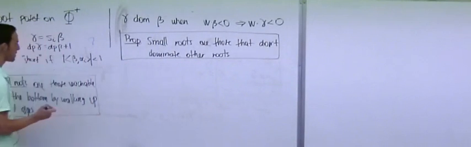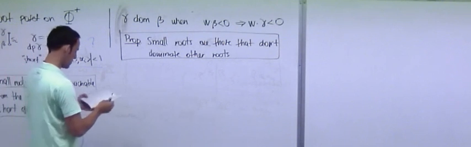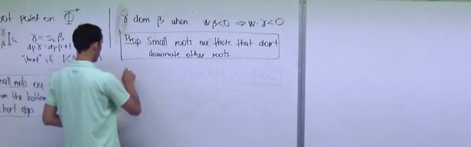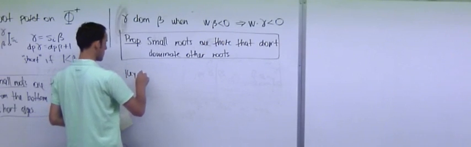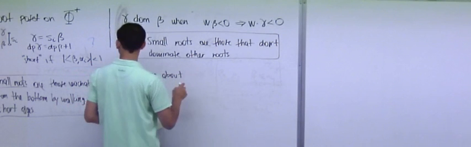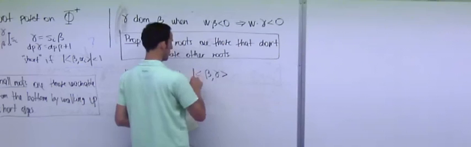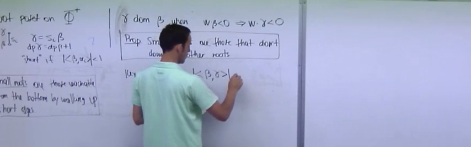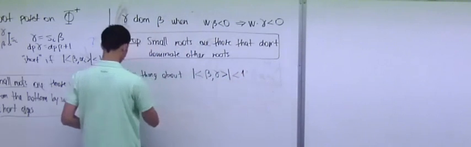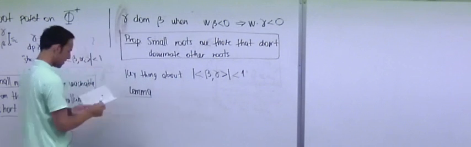Let me just tell you the key thing about this 1 that we have here. And it's this lemma. So the key thing about having the inner product of two roots be less than 1 is this lemma. And it says the following.